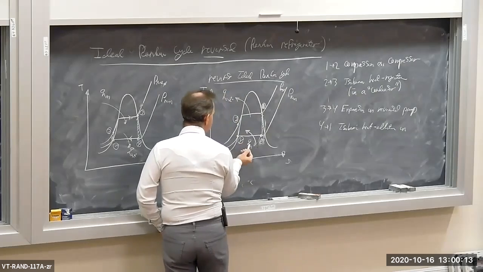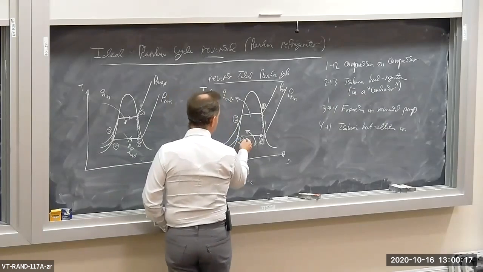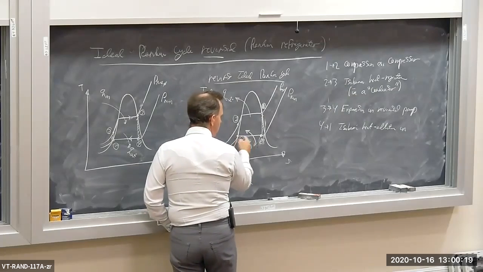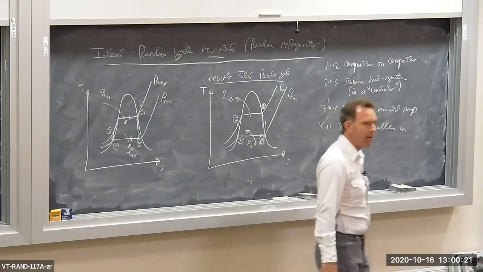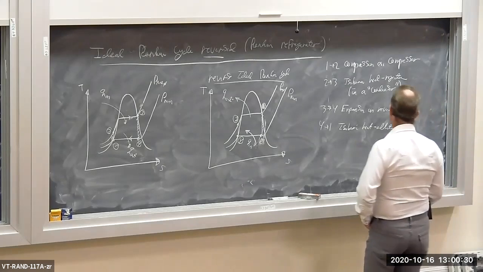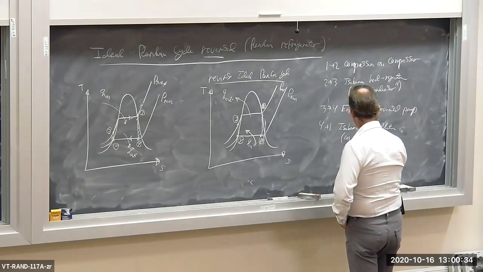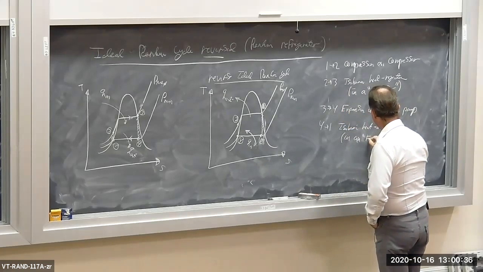What are we going to call this device that's receiving heat at the bottom end of our reverse cycle? We're going from a saturated liquid to a mixture of vapor and liquid. So we're boiling away or evaporating some of the saturated liquid. So I'm going to call this isobaric heating in an evaporator.